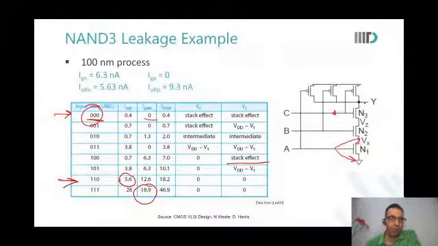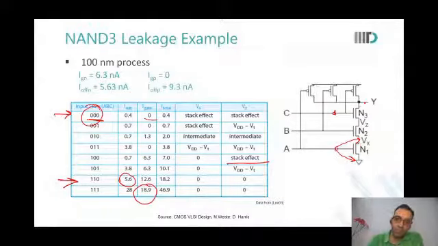Depending on your input combination, the gate leakage would change. But how do I conclude, what reason will I give for the change in gate leakage?